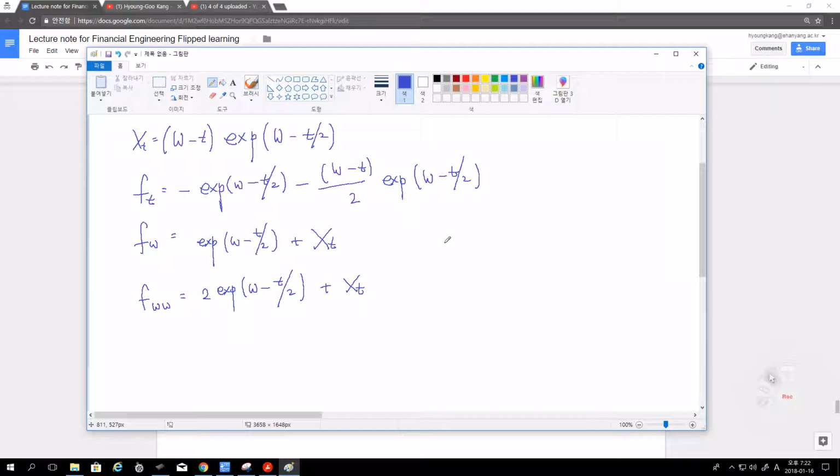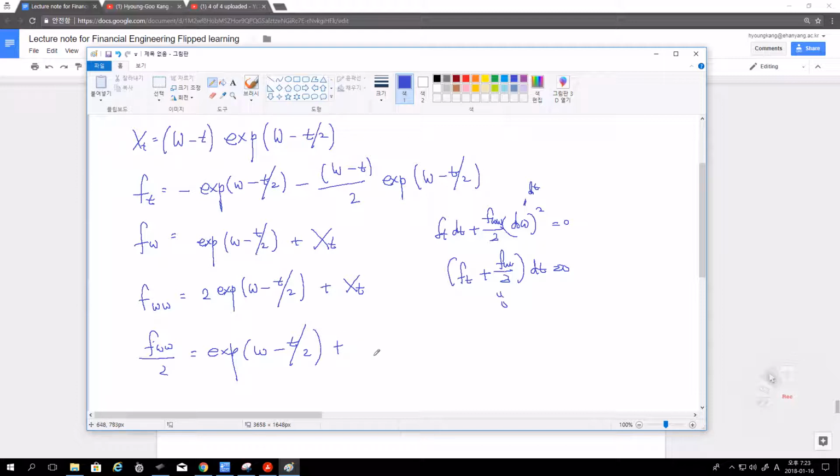So we have to have the term ft dt plus the dw square term should be 0, but this is dt, so we need ft plus 2 fww dt to be 0. So let's divide this one by 2, and then it is exponential of (w minus t over 2) plus half of xt, right?